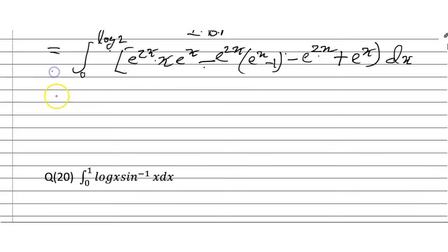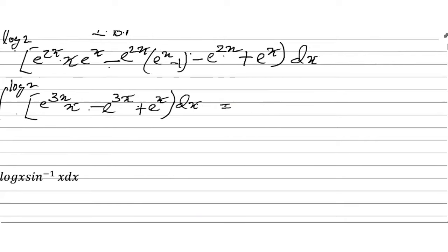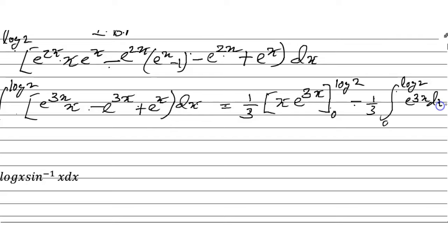After that I will solve this problem, that 0 to log 2 e to the power 3x into x dx is equal to, now I will apply IBP rules. 1/3 x into e to the power 3x from 0 to log 2 and 1/3 integral 0 to log 2 e to the power 3x dx.